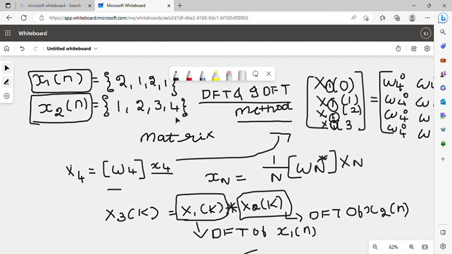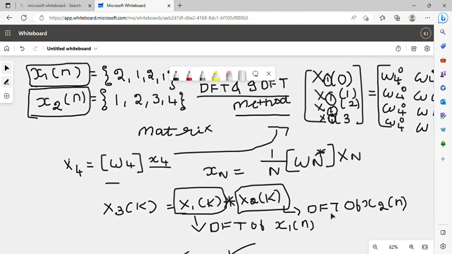So how to represent this for the exam: first you write the given two sequences. Then you write that the DFT of x1 of n is x1 of k, and the DFT of x2 of n is x2 of k. So my x3 of k is equal to x1 of k into x2 of k.